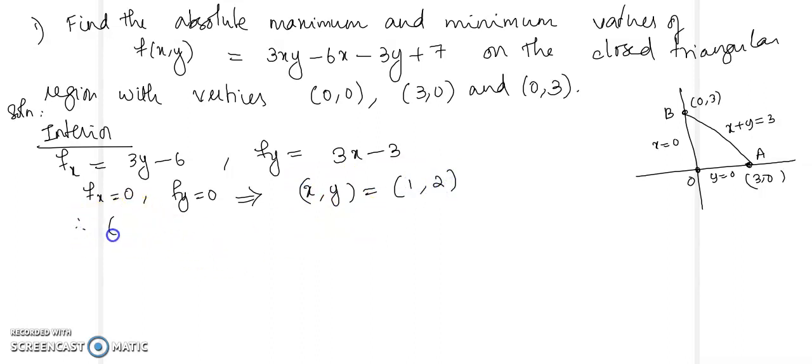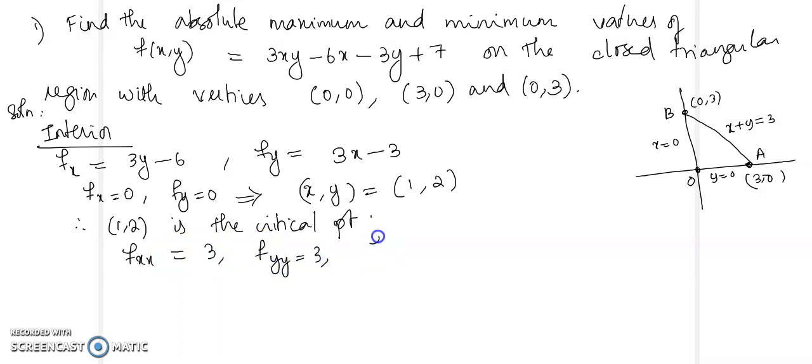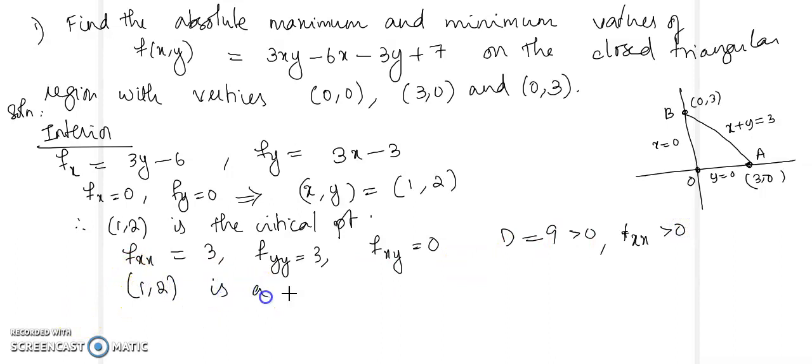Therefore (1, 2) is the critical point. Now let us check whether it is a maximum or minimum. fxx is 3, fyy is 3 and fxy is 0. So D will be equal to 9, and fxx is greater than 0, D is greater than 0. So (1, 2) is a minimum point.